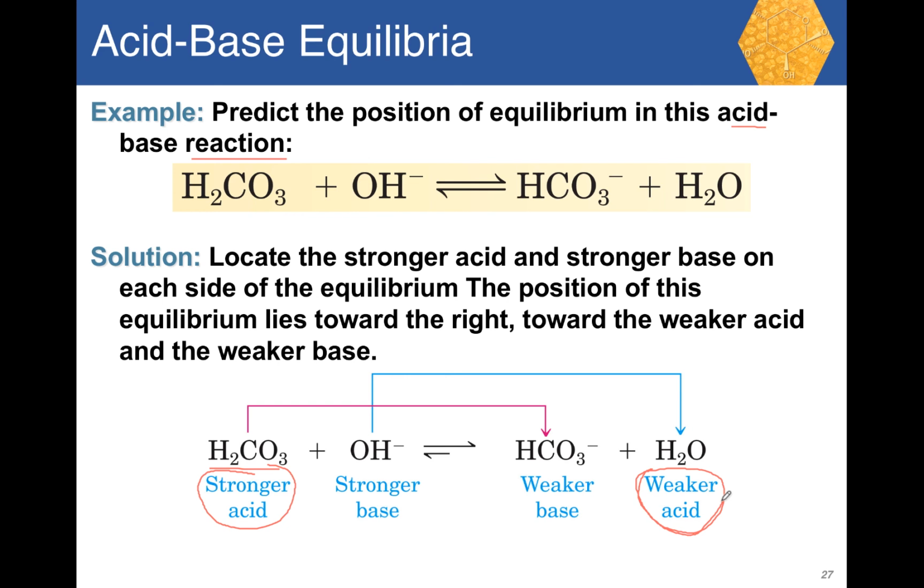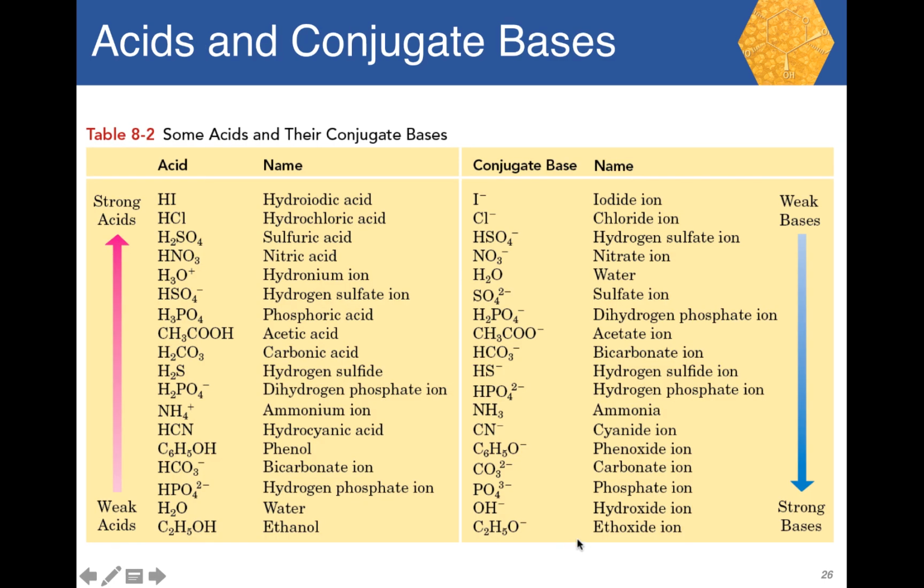So look at the table, you can see that carbonic acid is a stronger acid than water. The other reactant, OH minus, is a stronger base than the conjugate base of carbonic acid. So you'd have to look at this table here to make that observation.